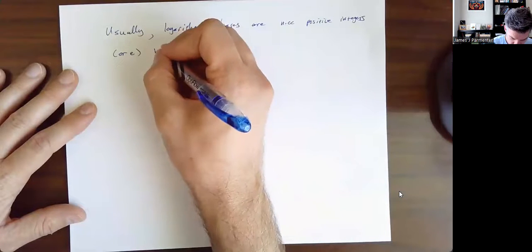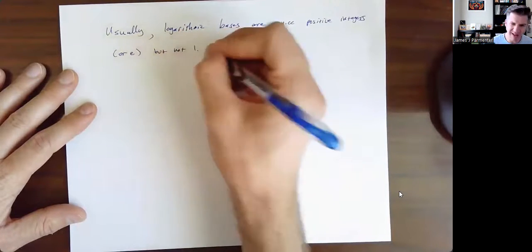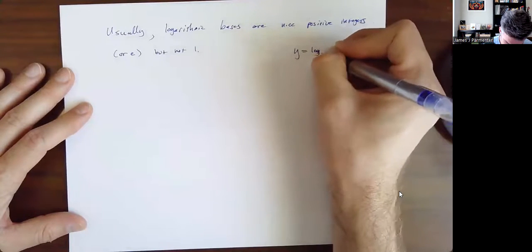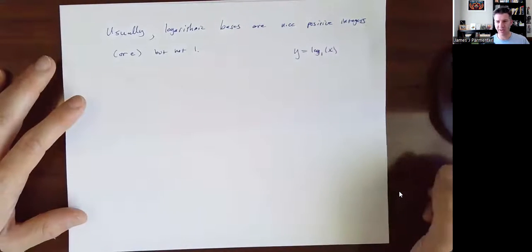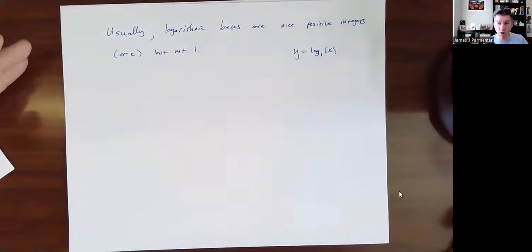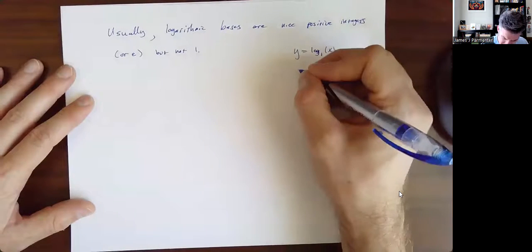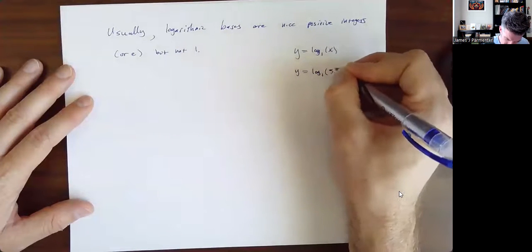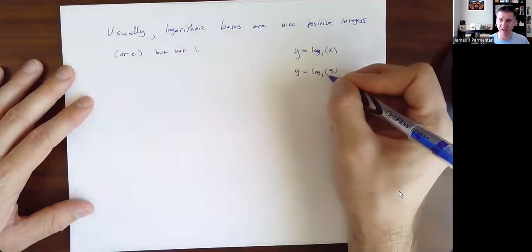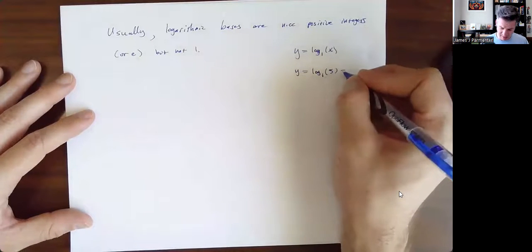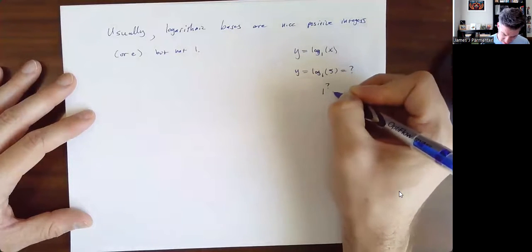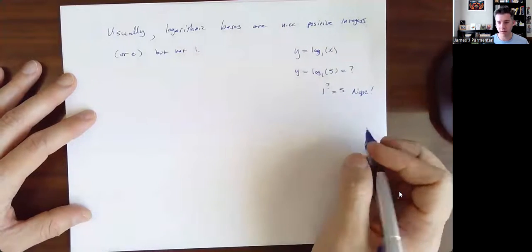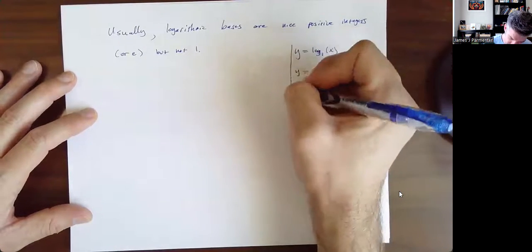But not 1. You don't want log base 1. Why not 1? Well, if you had y equal to log base 1 of x, you can only calculate log base 1 of 1. If you tried log base 1 of 5, you're asking 1 raised to what number equals 5? And that doesn't work. 1 to some power equals 5? Nope. So that's why 1 isn't a base.